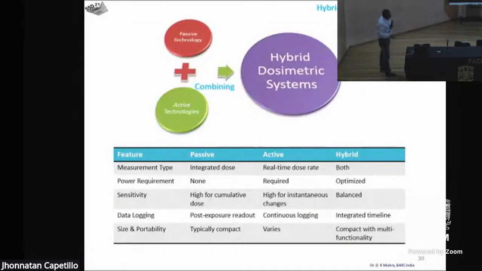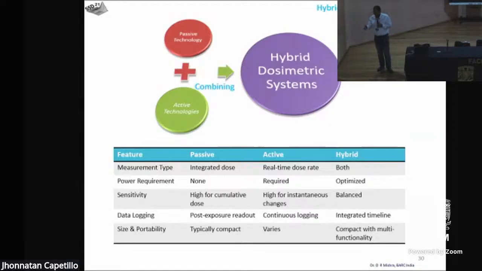Now let's think about what happens when you combine them together. You have the advantage of passive dosimetry, integration of dose, and then with active you have a real-time dose. These are the many combinations you can try, and that will enhance your capacity of measurements, because certain active parameters you require while taking decisions, and certain passive dosimetry parameters require post-processing for the authorities.